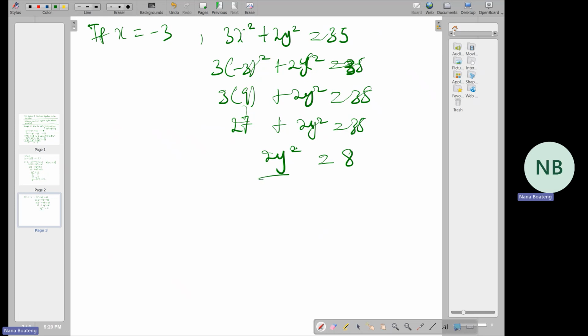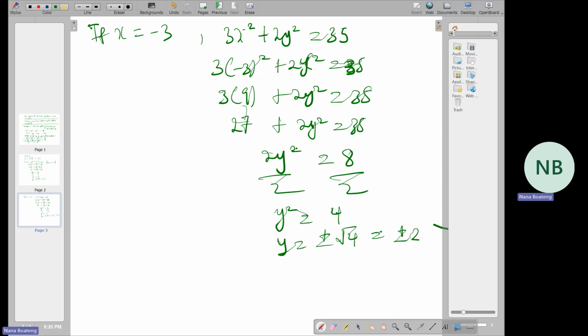Divide both sides by 2, so we have y squared is equal to 4. So y is equal to plus or minus the square root of 4, which equals plus or minus 2.